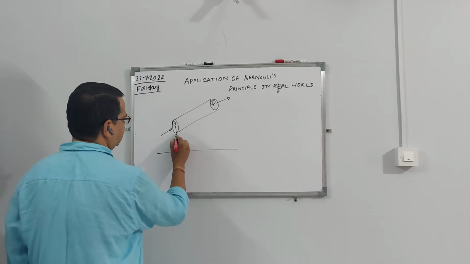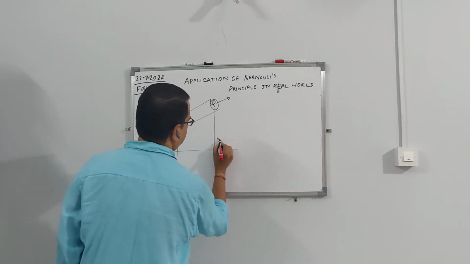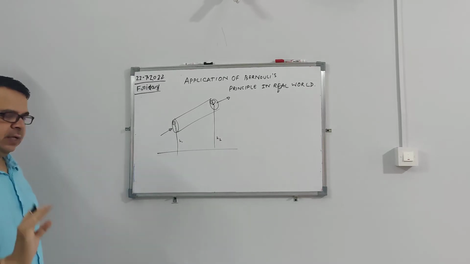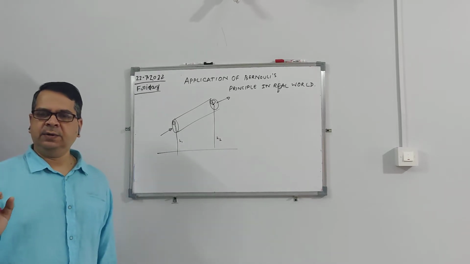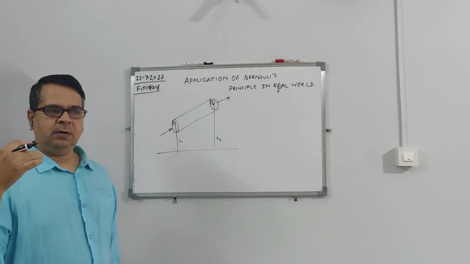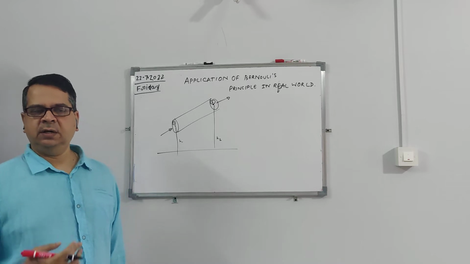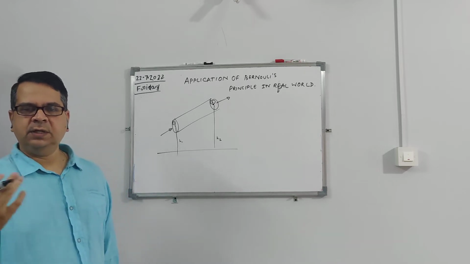Let us say this is at a height h1 and this is at a height h2. There are three energies that the fluid has: pressure energy, velocity energy, and the potential energy or the datum energy.